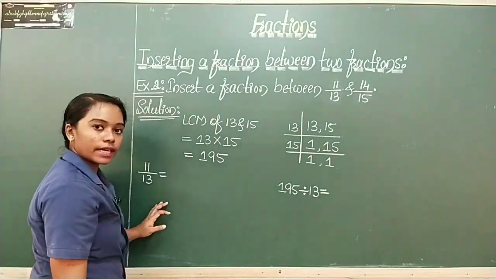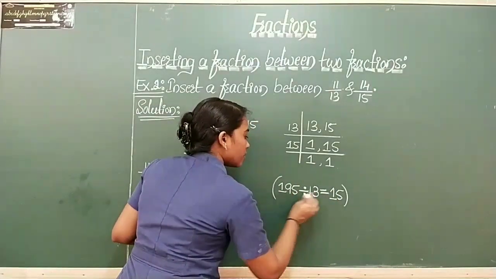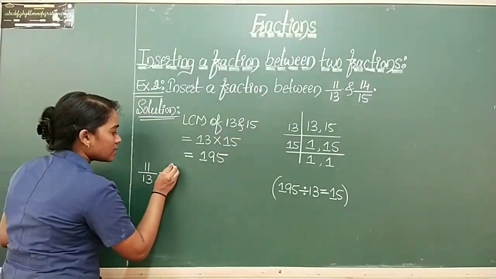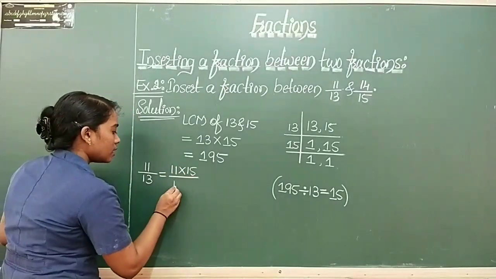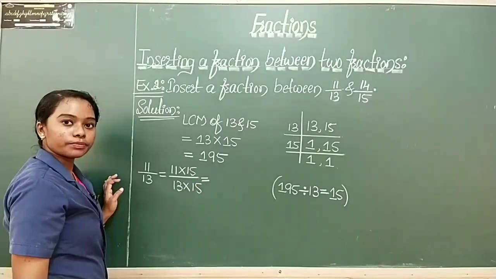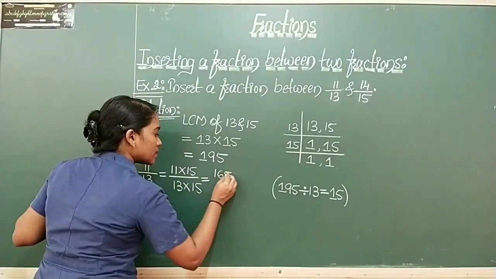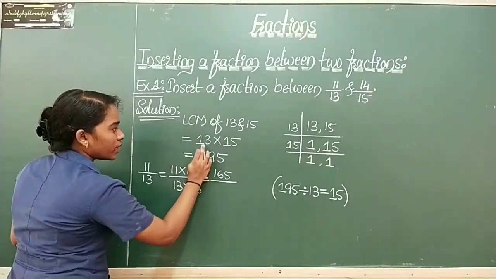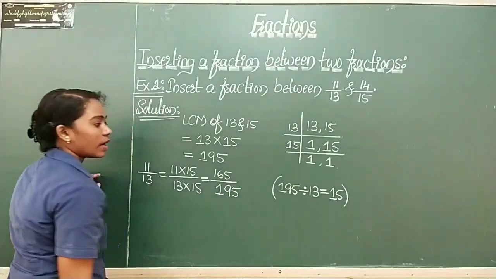Here we get 15, and this 15 you have to multiply to the numerator as well as the denominator. Multiply 11 into 15 divided by 13 into 15, which is equal to 11 into 15, we get 165, upon 13 into 15, which is equal to 195.